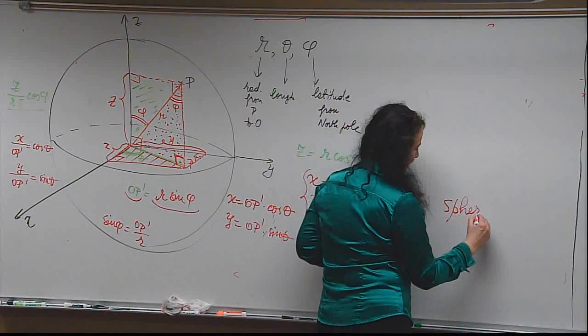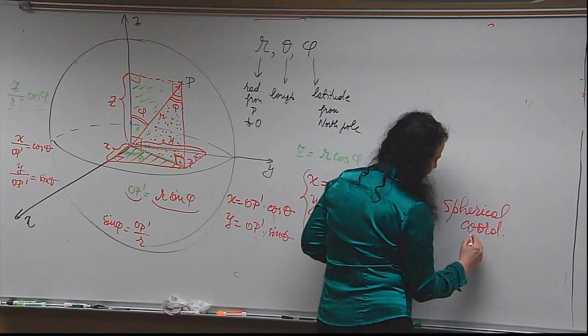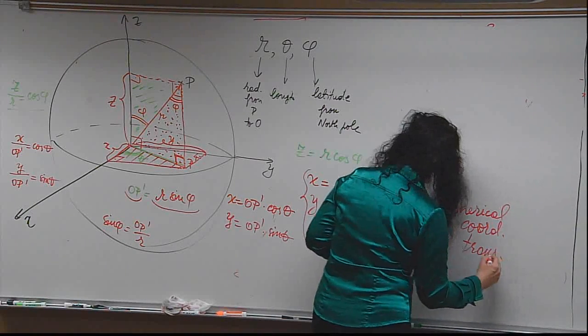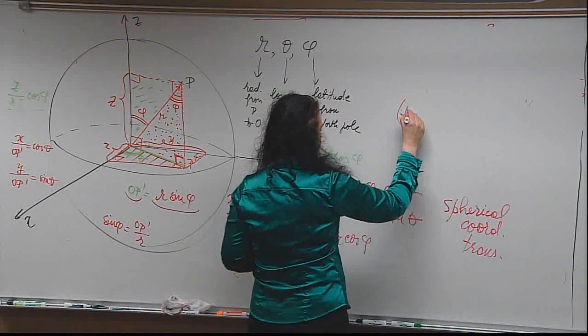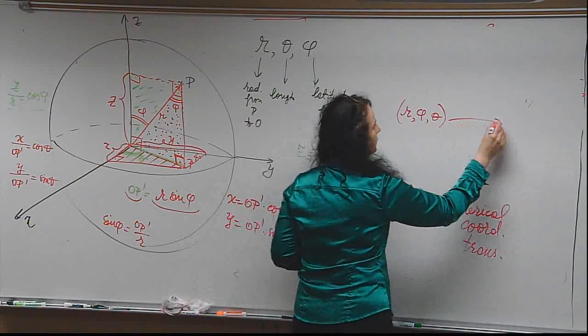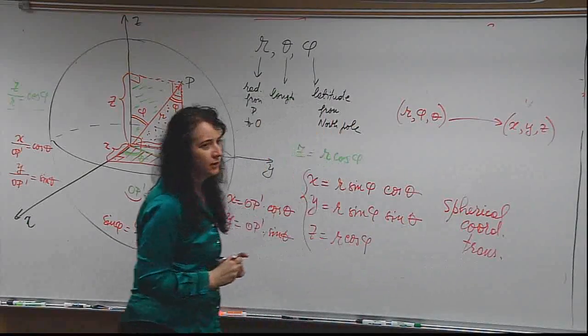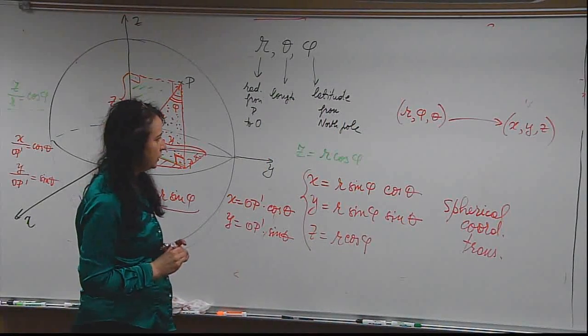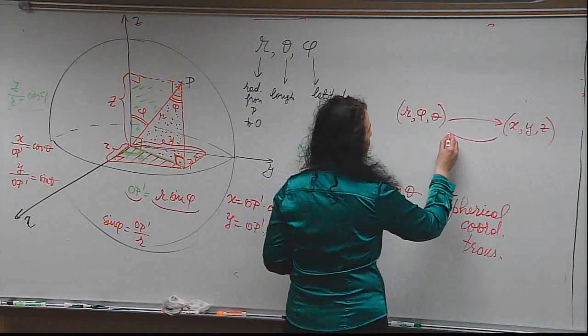The spherical coordinate transformation. So what does this transformation do? This transformation takes R, phi, and theta and moves them into the image X, Y, Z. So this is the transformation I was talking about. Doesn't it go from X, Y, Z to R? It goes back.